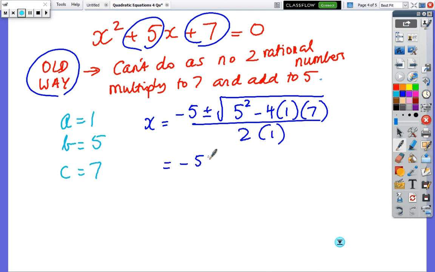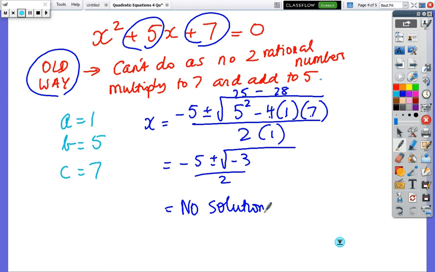So it's minus 5 plus or minus. Okay, so 25. 4 times 1 times 7 is 28. 25 minus 28 is negative 3. And there are no solutions.